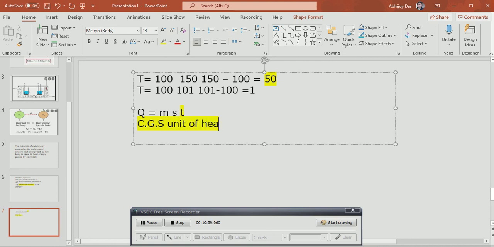Please don't forget, CGS unit of heat is calorie. Clear? And the SI unit of heat is, SI unit is what? Joule. Clear? So CGS unit of heat is calorie and SI unit of heat is joule.